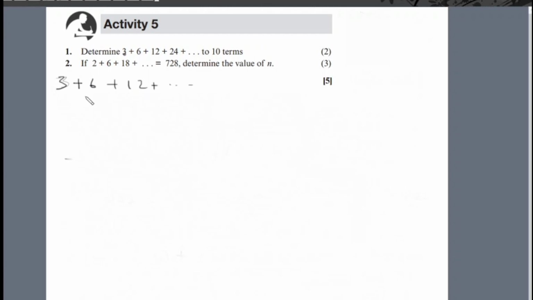That's what you first need to check. So let's say it's an arithmetic series. If it's an arithmetic series, you'll first check for a common difference, right? So if it is 6 minus 3, uzoba no 3, but then if it is 12 minus 6, uzoba no 6. Immediately lokho kuyakutshela ukuthi this is not an arithmetic series.